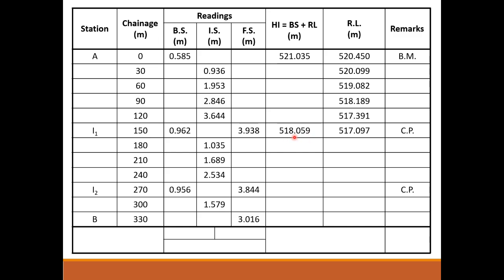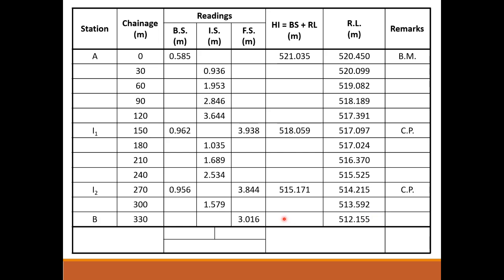Now again the next readings one by one should be subtracted from this height of instrument to get other reduced levels as well. Similarly, for the third set of readings, the same procedure should be followed. First height of instrument is calculated and then reduced levels are calculated. Okay, so these are the steps that should be followed to calculate the reduced levels.